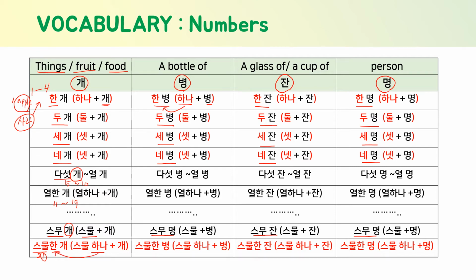So the 20 part is the same, but just the 1 part changes, and then you add the counter at the end. So 21 apples, 사과 스물한 개. 21 bottles, 스물한 병. And 21 cups of, 스물한 잔. 21 people, 스물한 명.